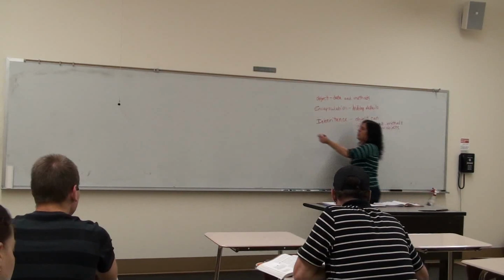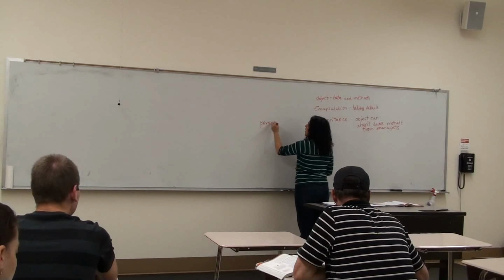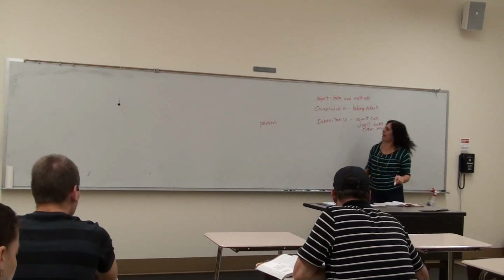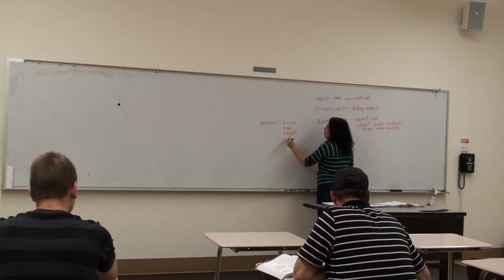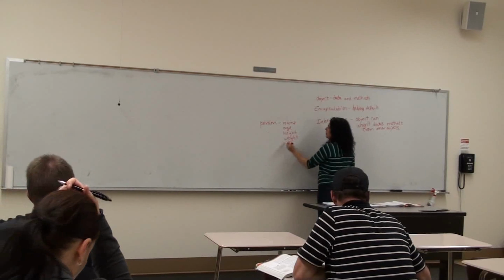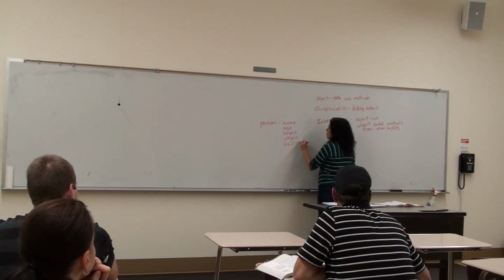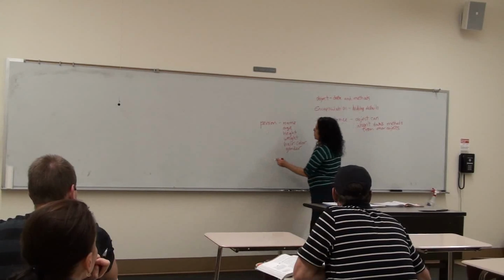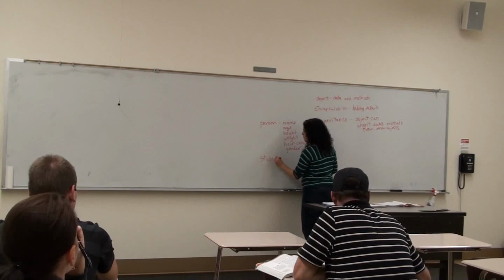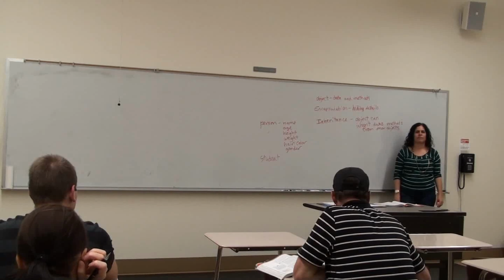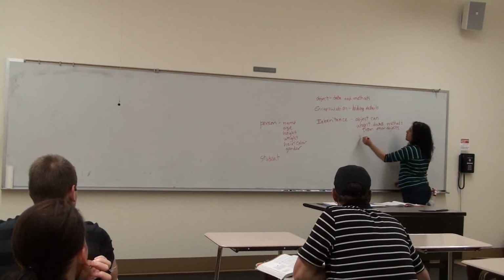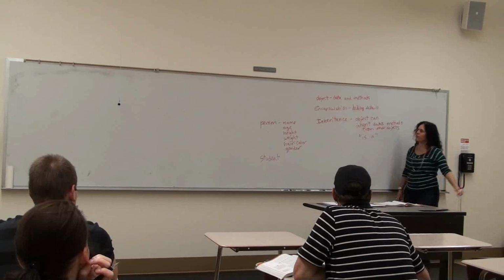Okay, so we have a person. Person has all those things that we decided they had: a name, an age, height, a weight, hair color, whatever, an eye color, a gender. And then we have something called a student. Well, a student is a person, right? And so usually we say "is a" for inheritance.